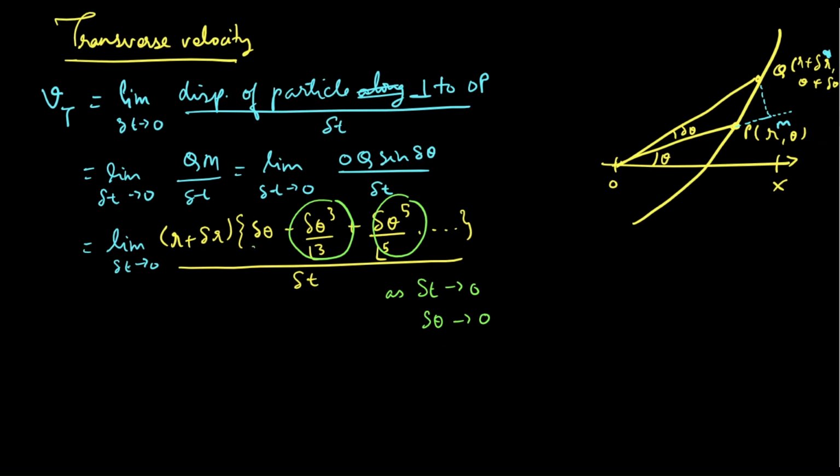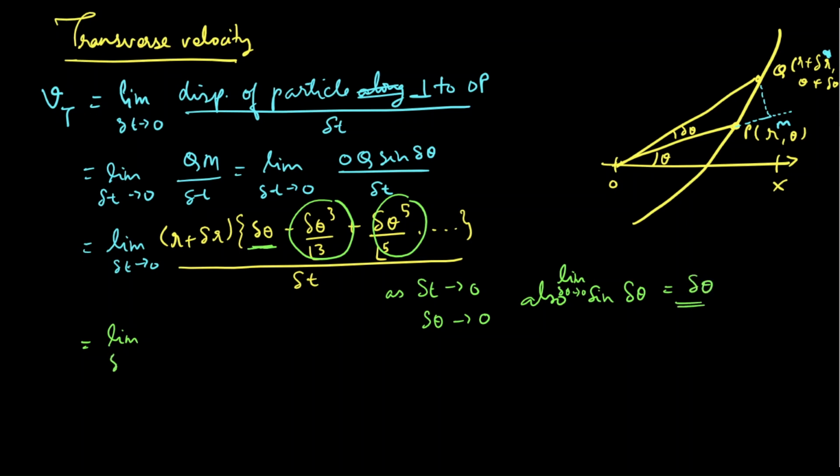But we will not neglect del theta itself. So let us conclude, and also sine del theta. If you have gone through limits, as del theta tends to 0, sine of del theta is del theta obviously.